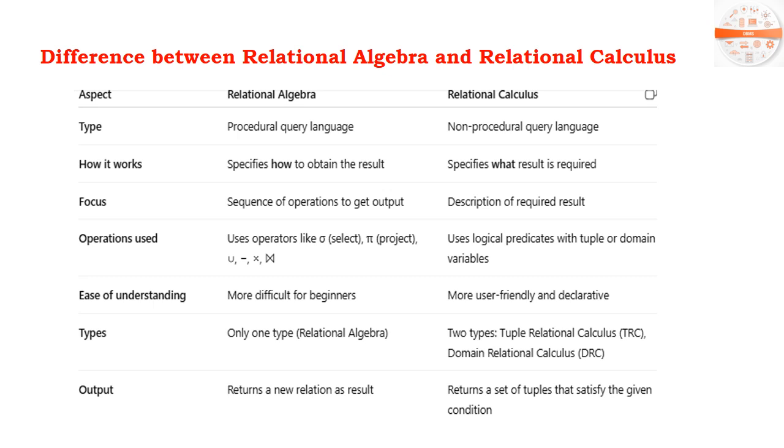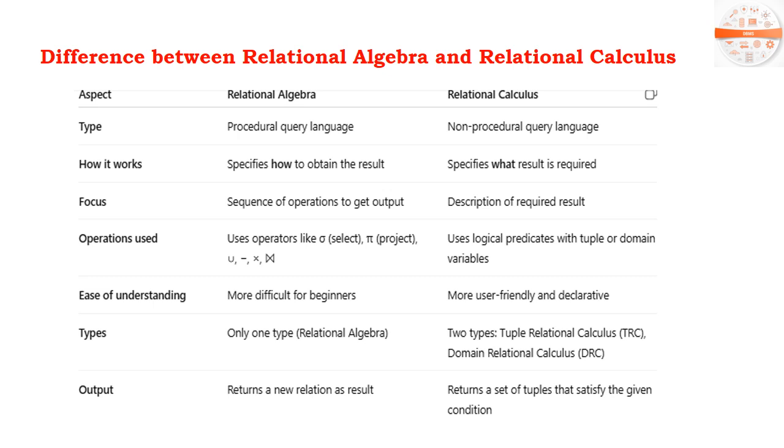And the next parameter, focus. Relational algebra: a sequence of operations to get the output. Relational calculus: a description of the required result. The next parameter, operations used. Relational algebra uses operations like select, project, etc. But relational calculus uses logical predicates with tuple or domain variables.